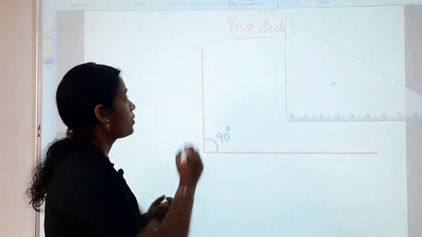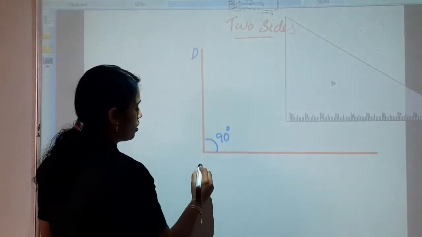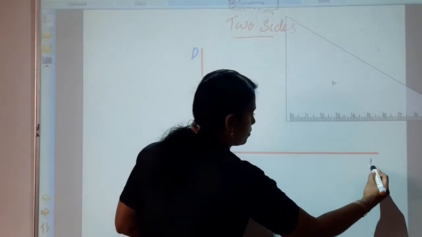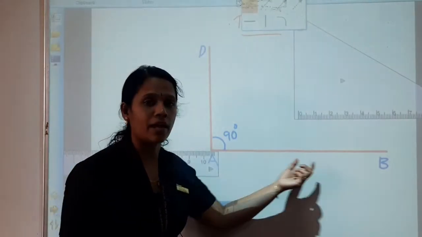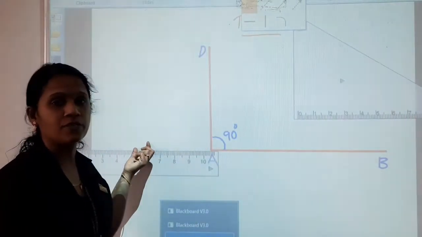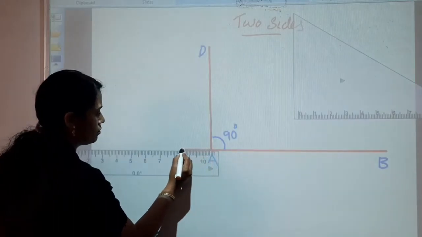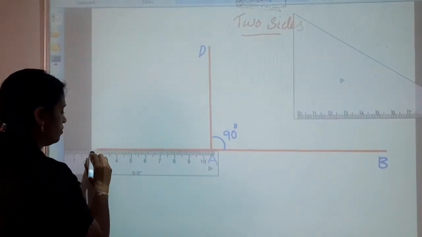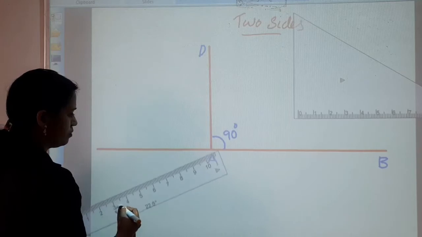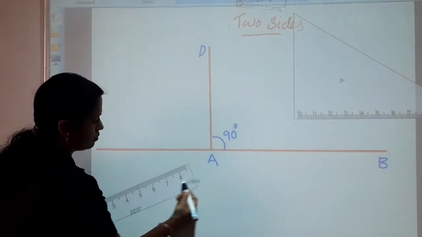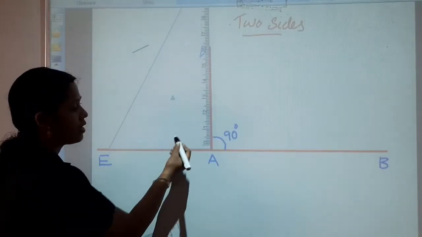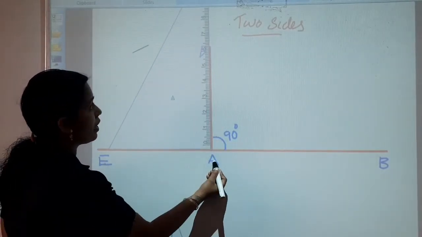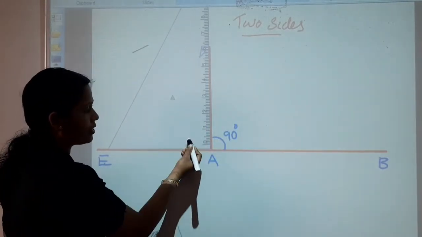Now we can give name DAB. Now we can extend line AB to the left E. Here E. Here angle EAD also 90 degree.